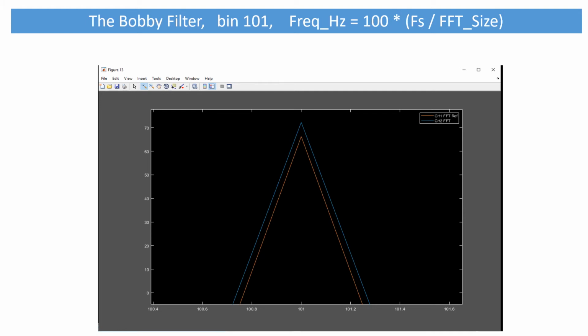And I should say the 100 here is strictly arbitrary. So if your FFT size was 64, then obviously you may want to change 100 to 10, such that it shows up in bin 10. But in my case, I think the FFT size was 4096, so 100 is significantly less than that.